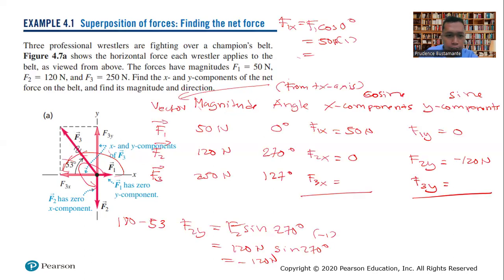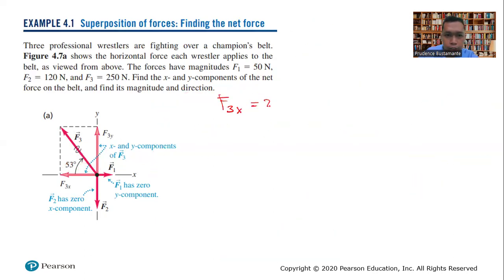So si F3 is 250 Newton, cosine of 127. Ito na siyang i-calculate si F3y pod is just F3 which is 250 Newton sine of 127 degrees.